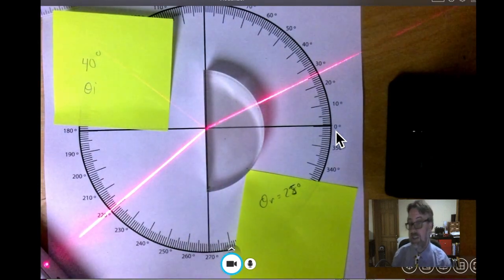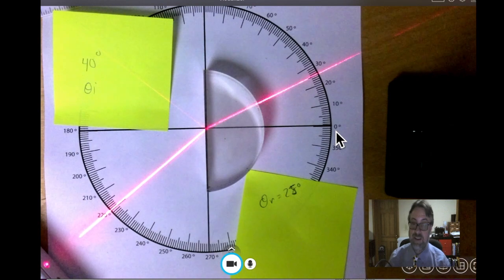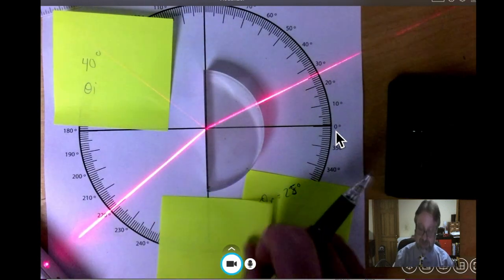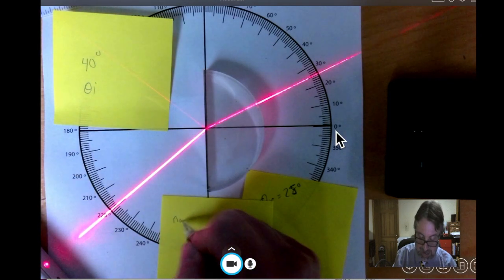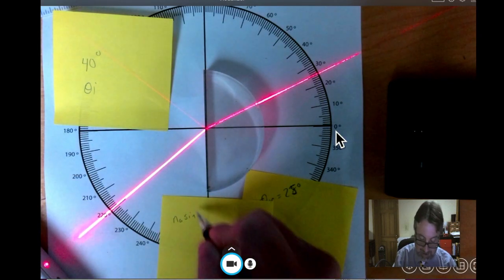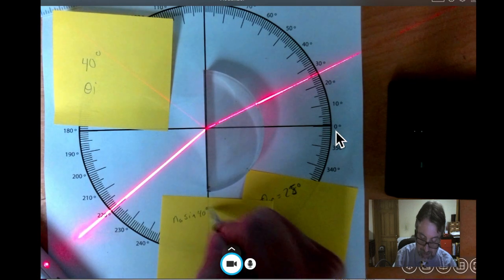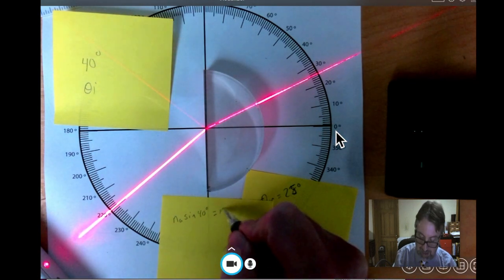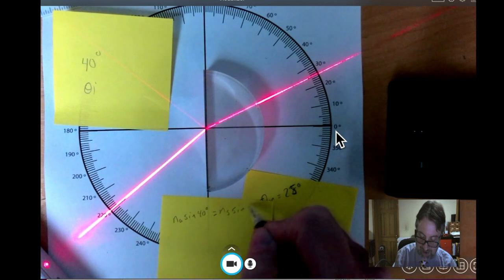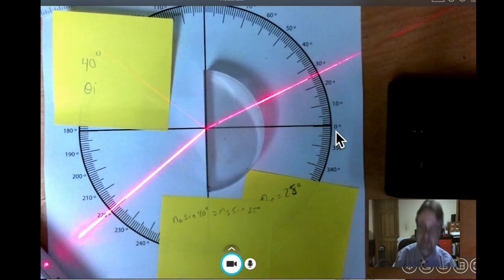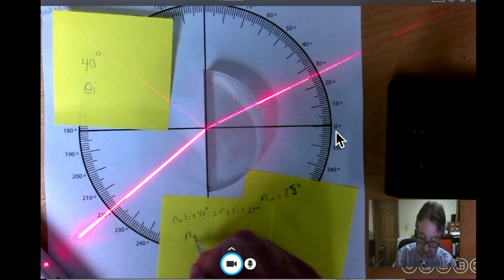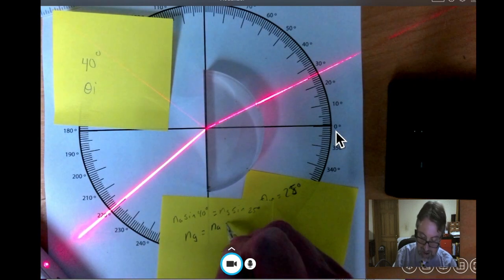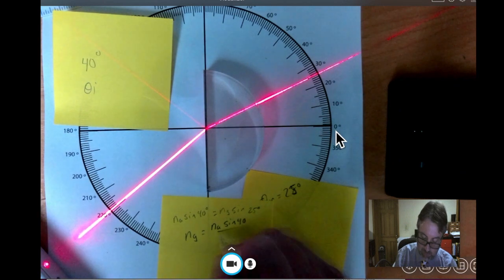I can actually solve for the index of refraction of this glass. Let me just do it on another Post-it. So my incident material is air. So I have n air sine of 40 degrees equals n glass sine of 25 degrees. That means that the index of refraction of the glass is going to be n air sine 40 divided by sine 25.